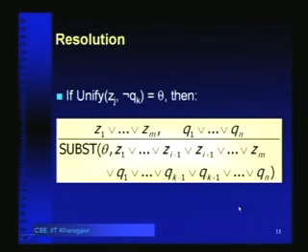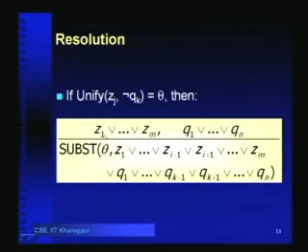Okay, then we had resolution, which I have rewritten. We had seen the resolution rule in the implicational form in the last class. I have just rewritten it so that we can associate the resolution rule with the conjunctive normal form that we are looking at.